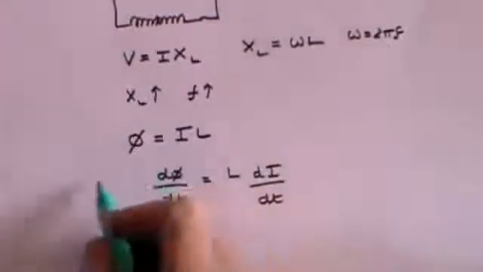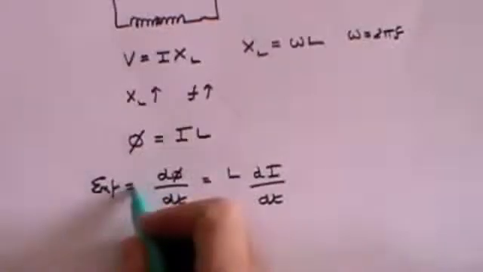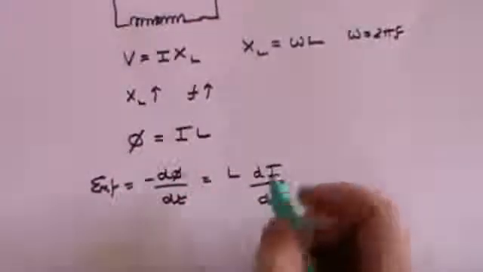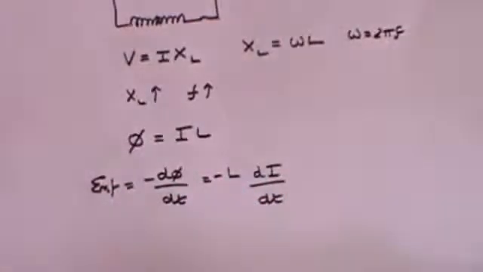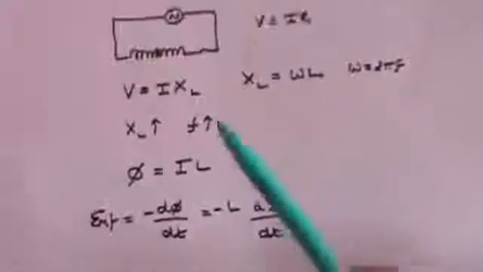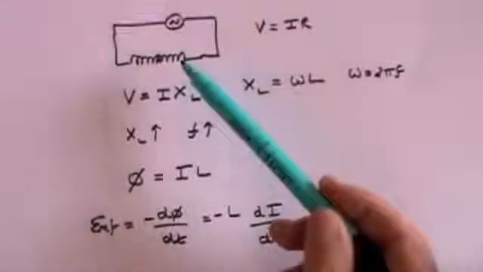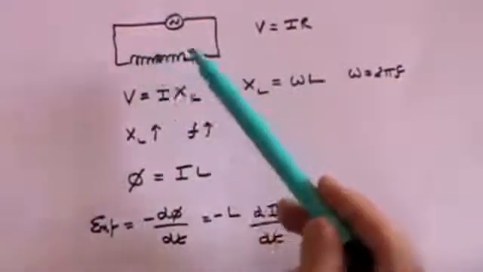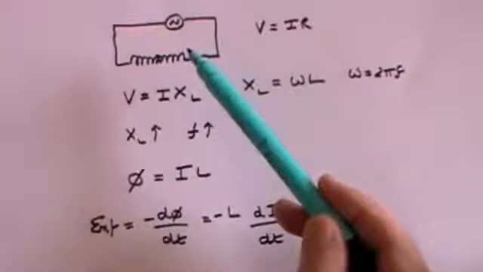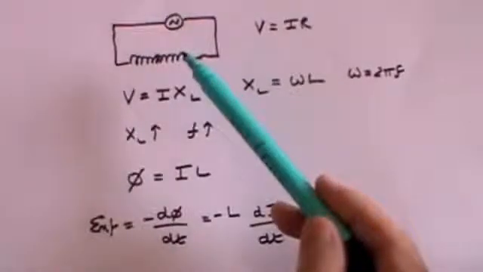And we know that EMF is equal to minus the rate of change of flux, which of course is going to be minus L di by dt. So what you've got in this coil, in this solenoid, is a changing current which is generating a changing electric field.